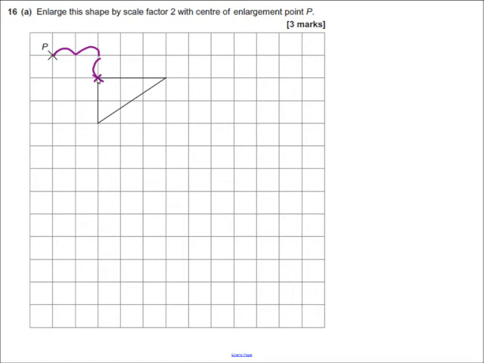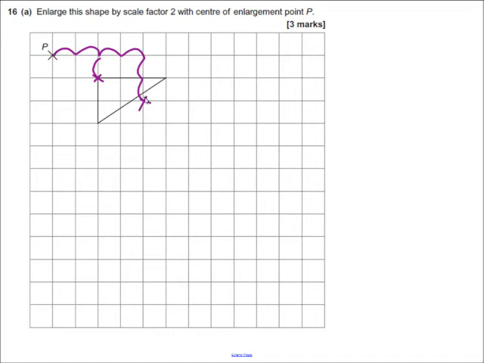And because we're dealing with a scale factor of 2, we double each of those distances. So we go 4 along and 2 down. So the corner of the triangle that is our reference now lives at this new point here.